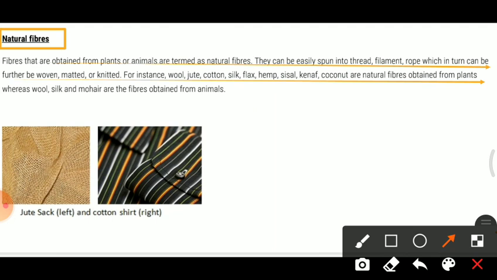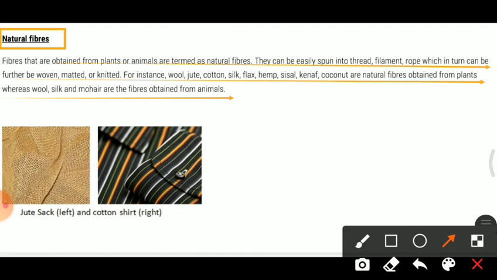For instance, jute, cotton, flax, hemp, sisal, kenaf, coconut are natural fibers obtained from plants, whereas wool, silk and mohair are fibers obtained from animals.